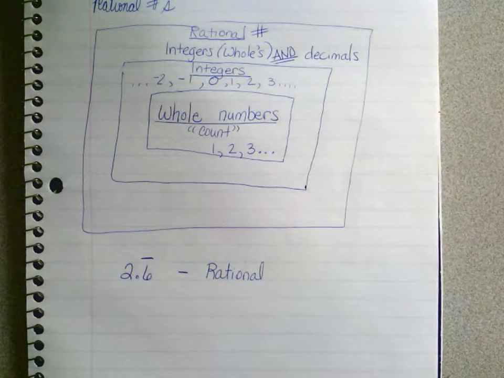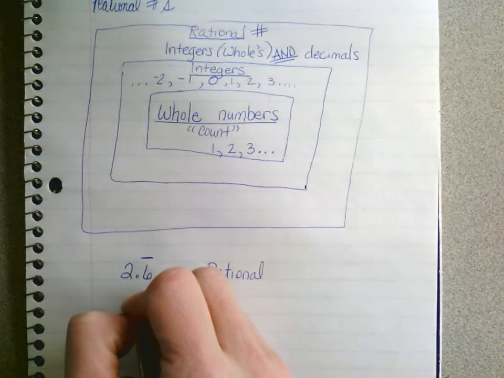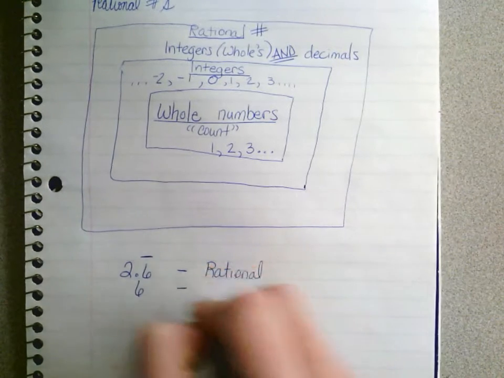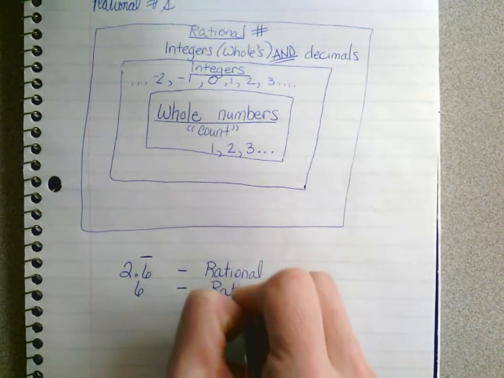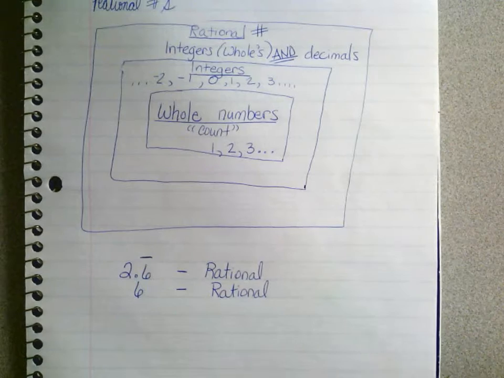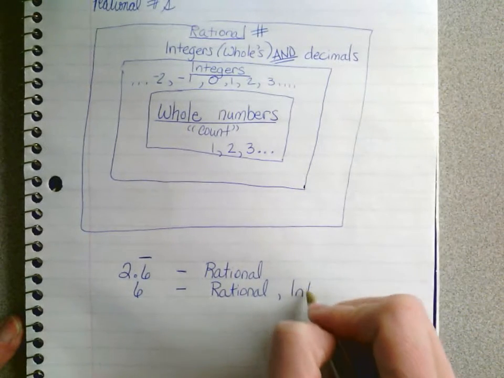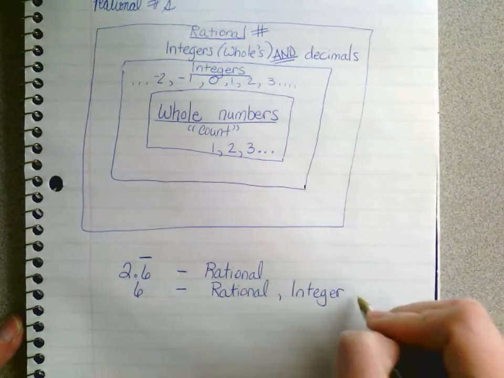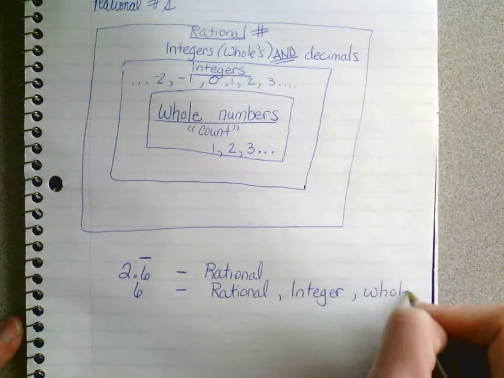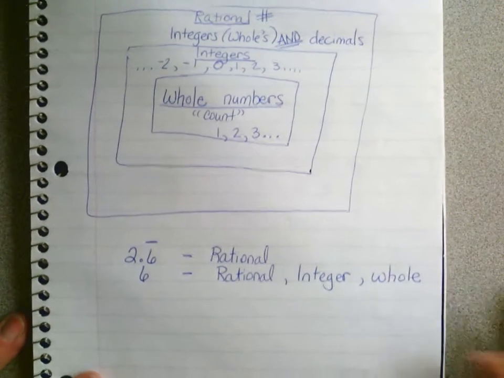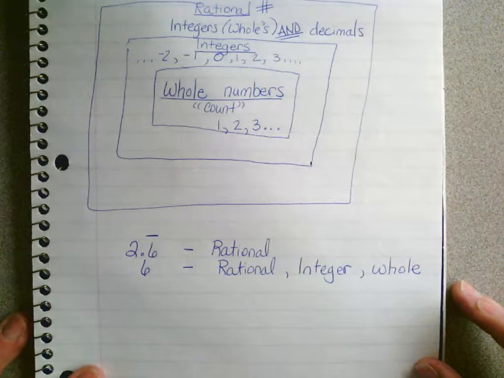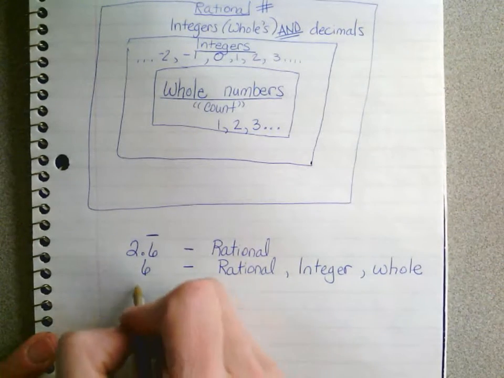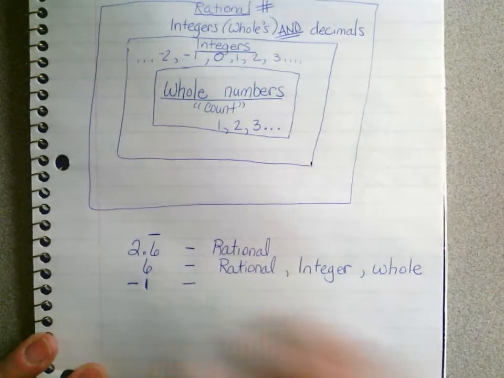Very good. Whereas the number 6, it is a rational number as well. It is a rational integer that is also whole. Or the number -1.